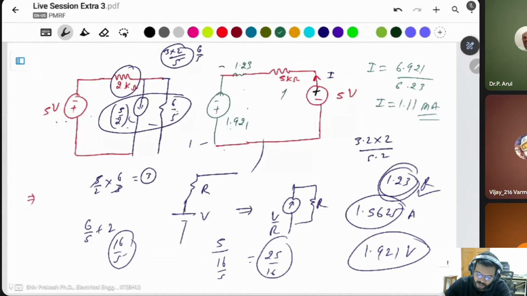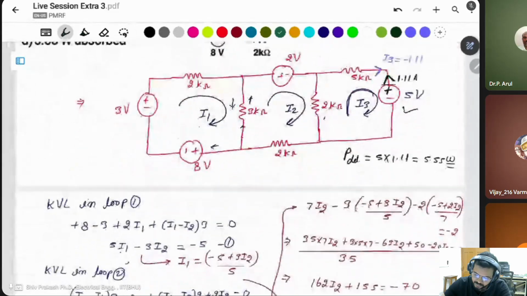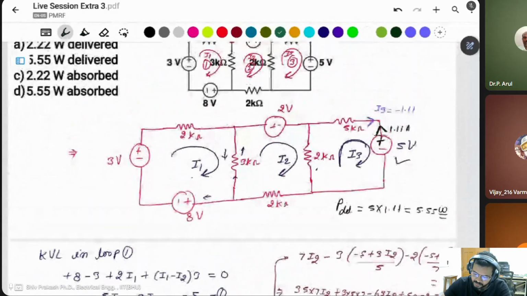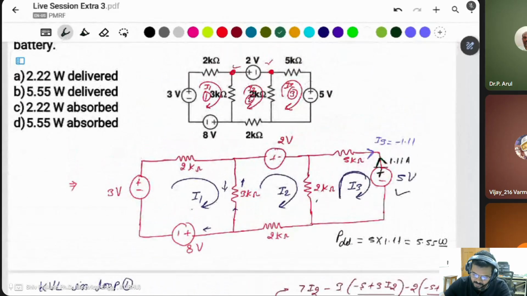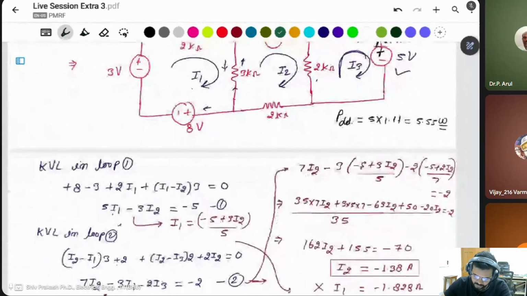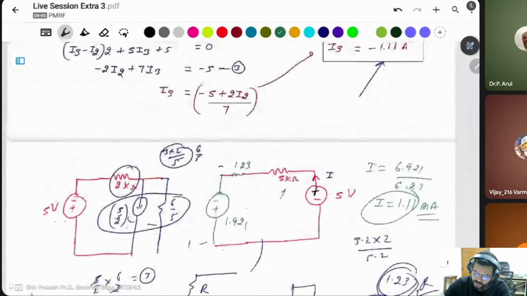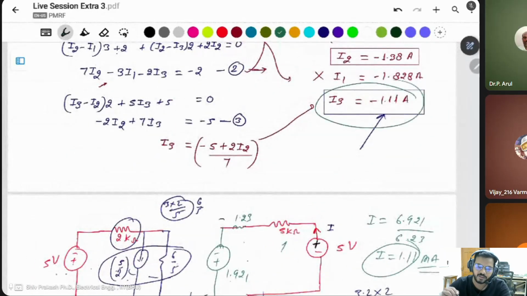Because all the resistances are in kilo ohm, this will be in milliampere. Same answer, 1.11.